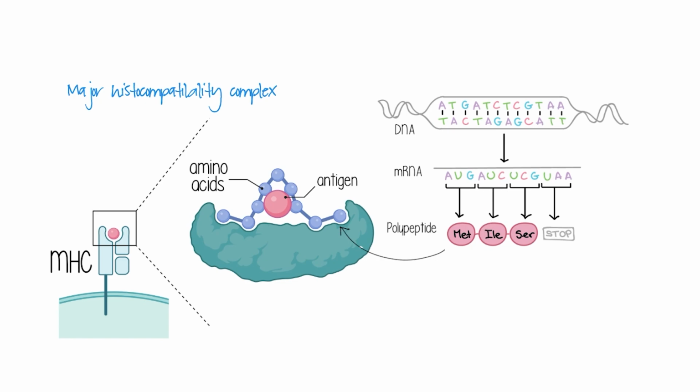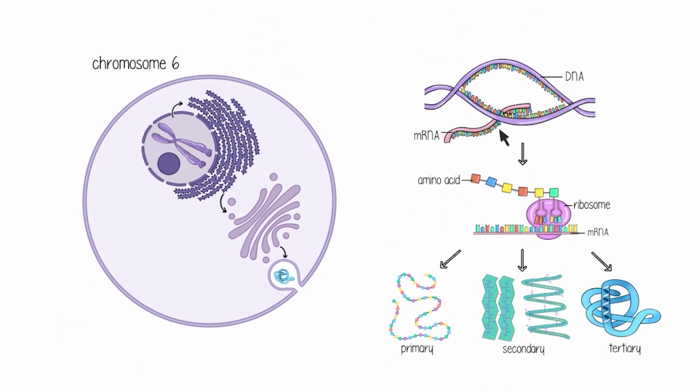So the gene will first be transcribed to form mRNA, which will then be translated on the ribosome to form the primary protein structure. This structure has a very particular sequence of amino acids, which is encoded by the gene on chromosome 6.